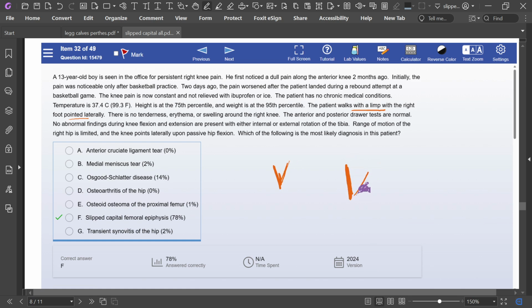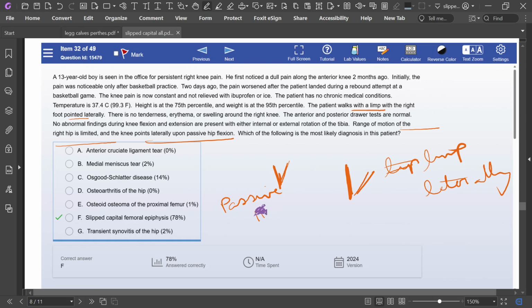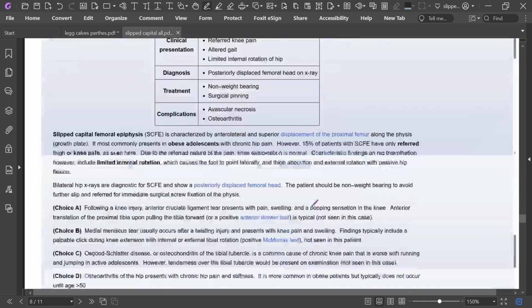The range of motion of the right hip is limited and the knee points laterally upon passive flexion. Passive hip flexion causes the knee to point laterally.